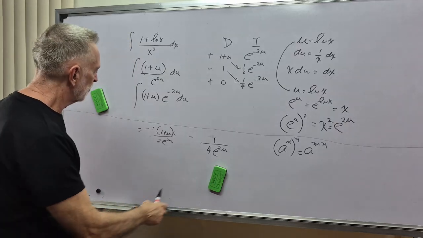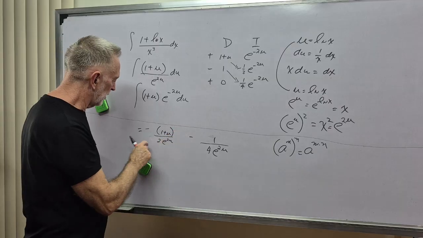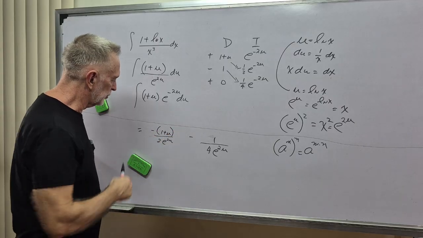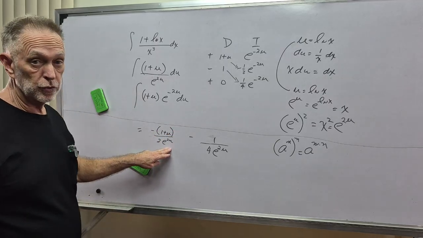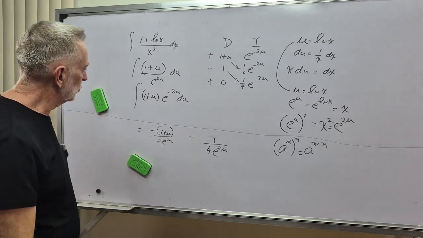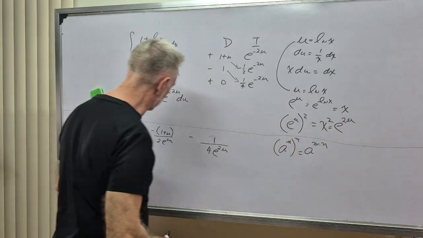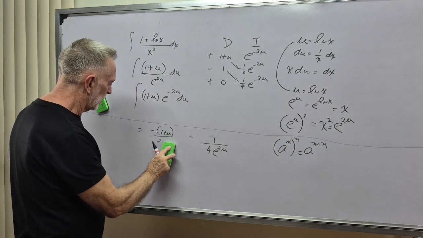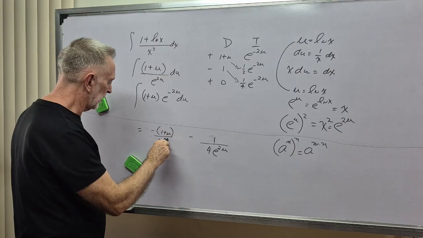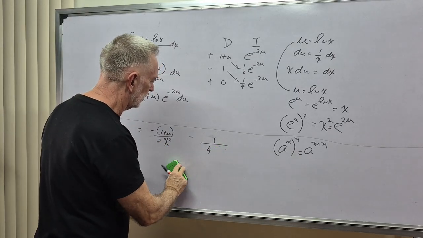Okay? So I'll take that 1 off. All right, so we have minus 1 plus u over 2e to the 2u minus 1 over 4e to the 2u. Well, what was e to the 2u? That's x squared. I could change that to x squared.